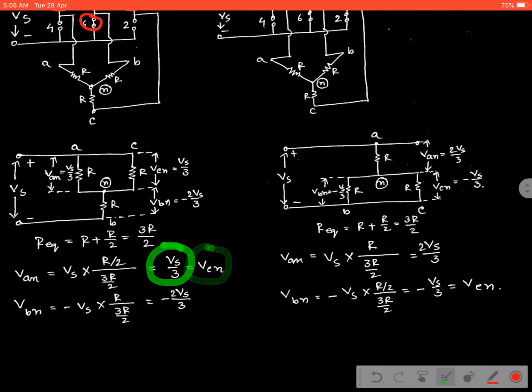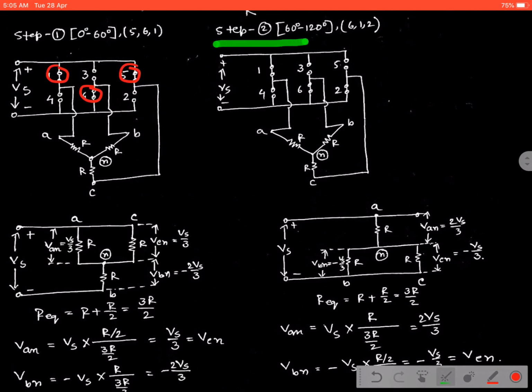In a similar way, we can calculate for the next mode of operation, which is depicted in the figure in step 2. The first mode of operation stopped at 60 degrees. Now it starts from 60 degrees and the duration is 60 degrees, that means up to 120 degrees.